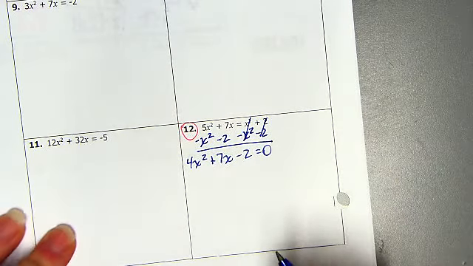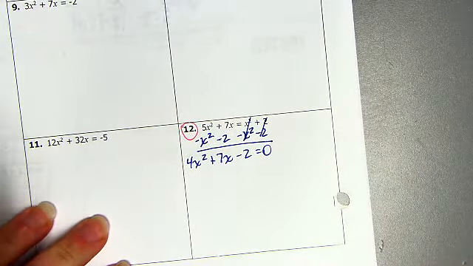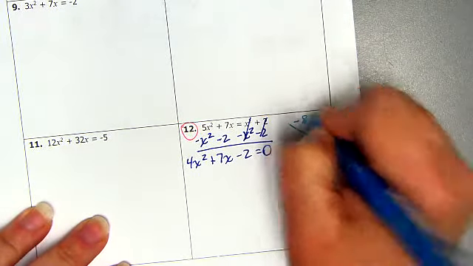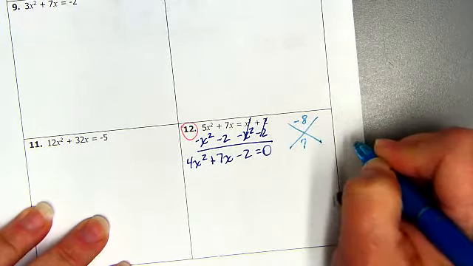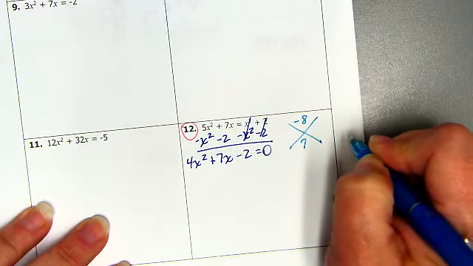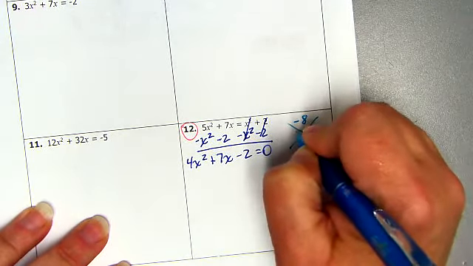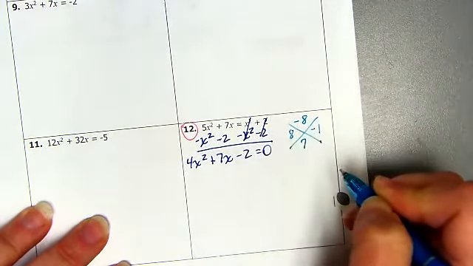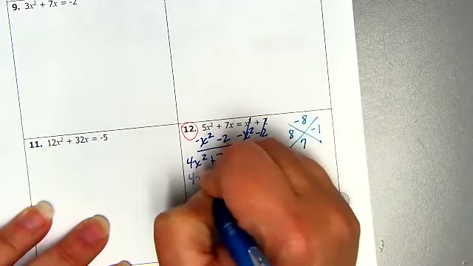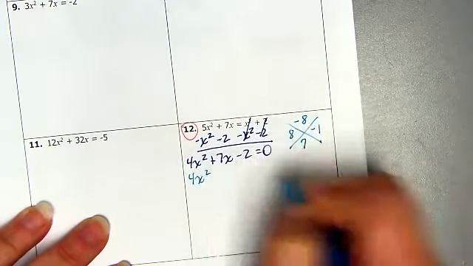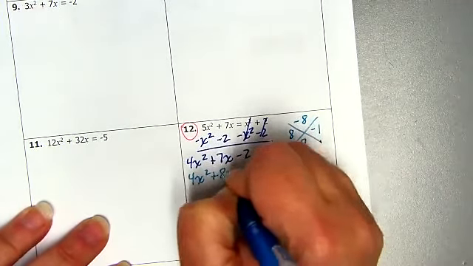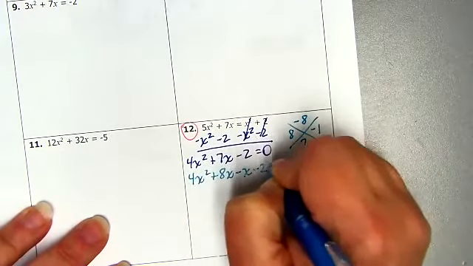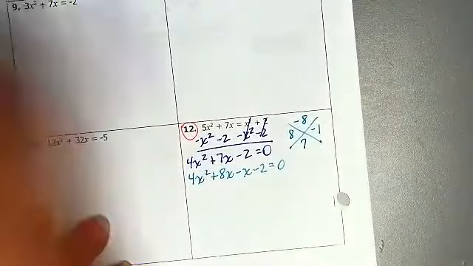So now I have the trinomial that I need to be able to factor. So I have -8 with a sum of 7. So that's going to give me 8 and -1. So I have 4x squared plus 8x minus x minus 2 equals 0.